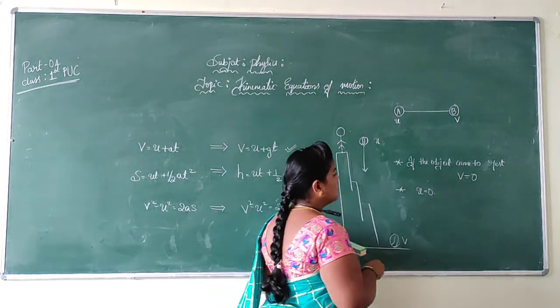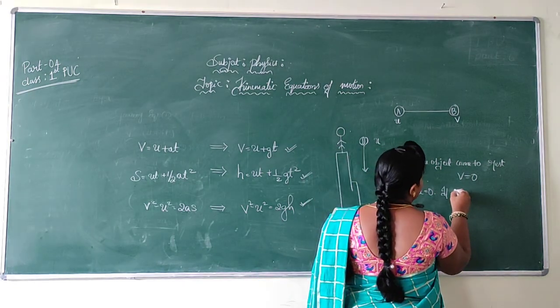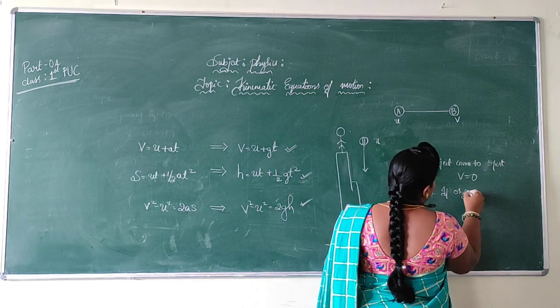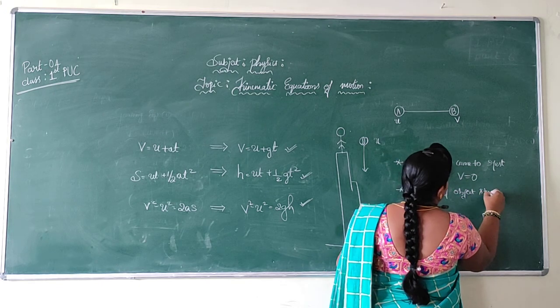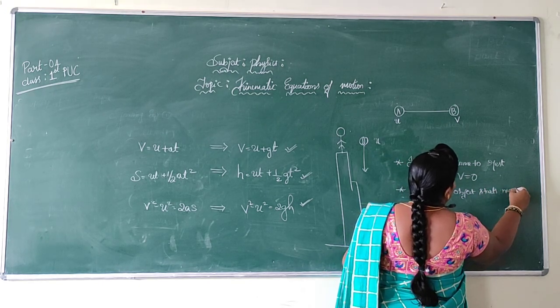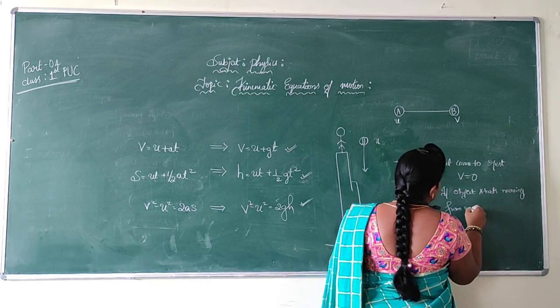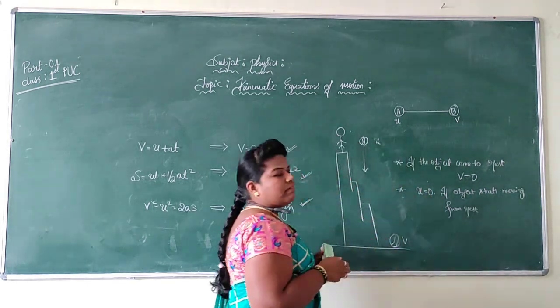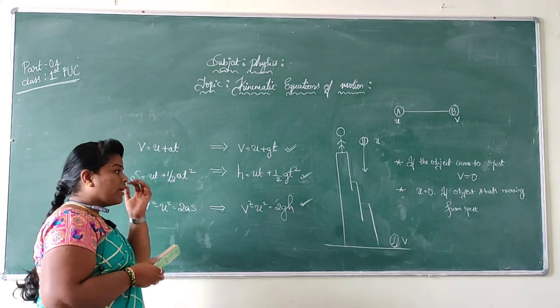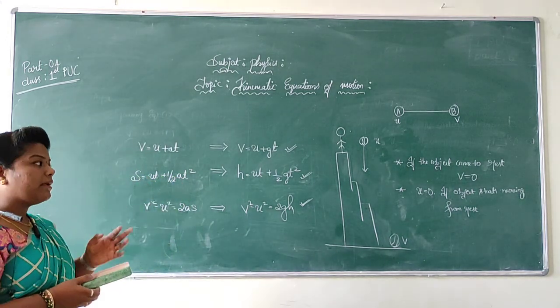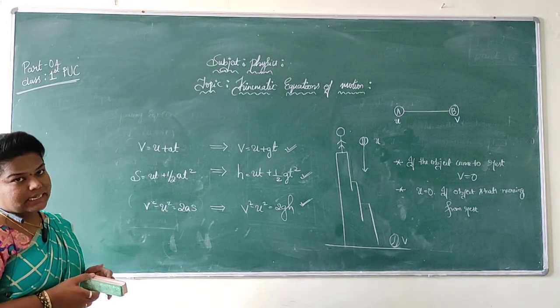Keep in your mind that if the object starts moving from rest position, then the initial velocity is taken as 0. If the object comes to rest, at that time the final velocity is taken as 0.